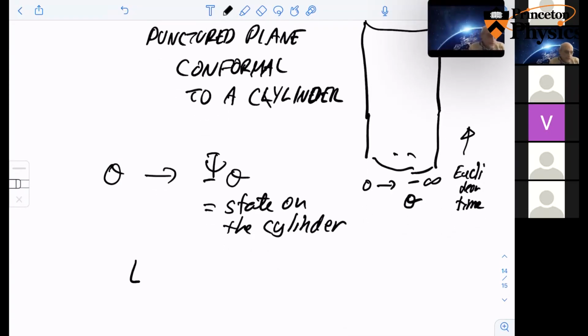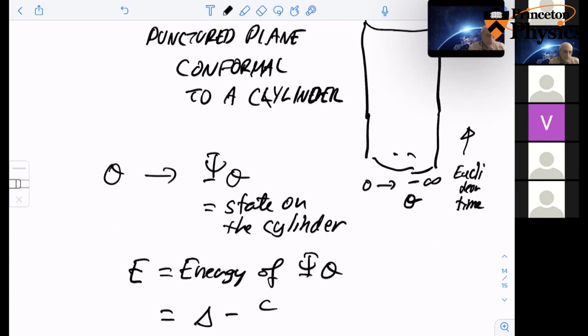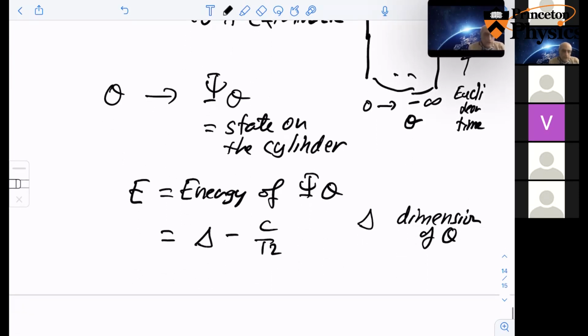The energy of the state is equal to delta minus c over 12, where delta is the dimension of the operator and c is the central charge.